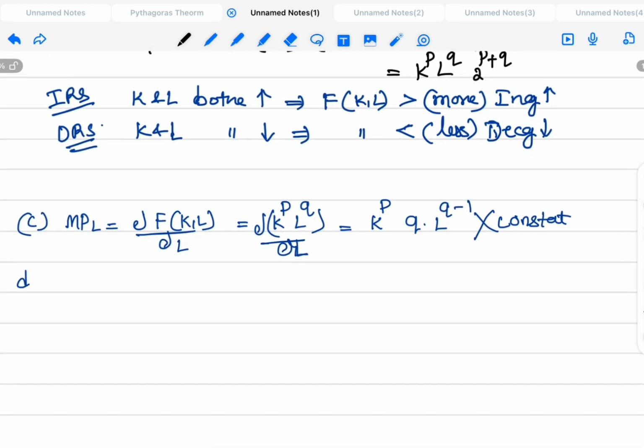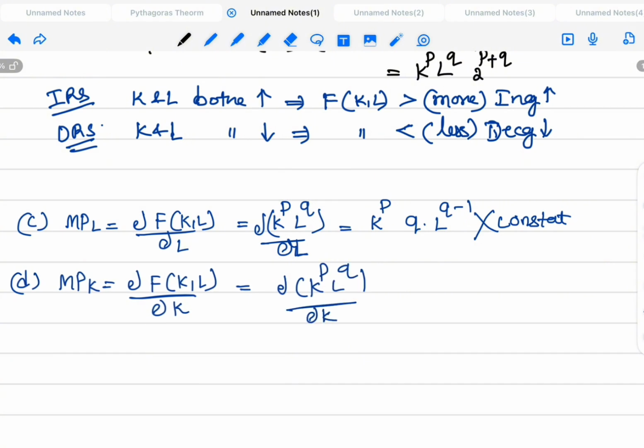In the same way, option D: MPK equals the partial derivative of F of K, L with respect to K, the marginal product of capital. The derivative of K power P, L power Q with respect to K equals L power Q into P, K power P minus 1.